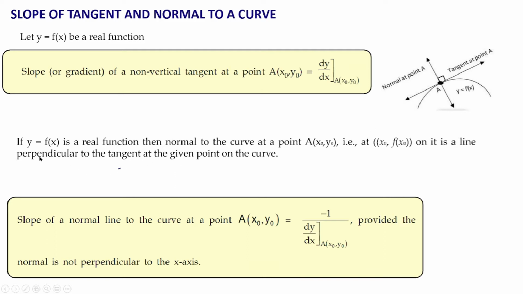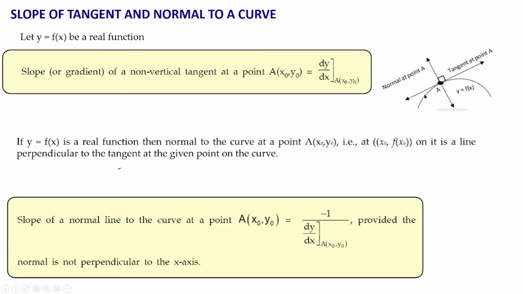And now coming to normal, if y is equal to f of x is a real function, then the normal to the curve at a point A (x0, y0), here x0, y0 is nothing but x0, f of x0, is a line which is perpendicular to the tangent at the given point on the curve.